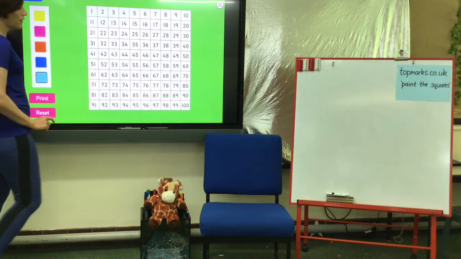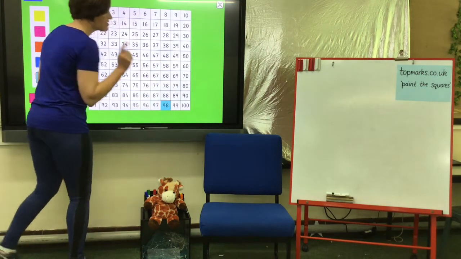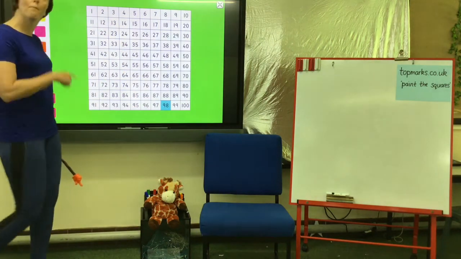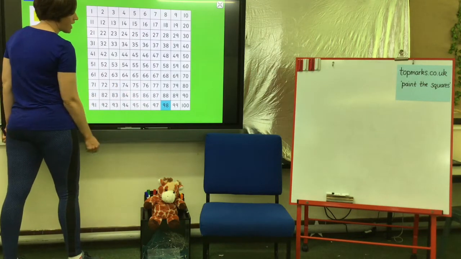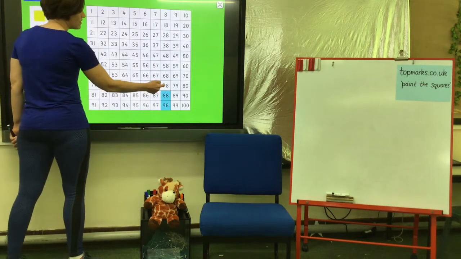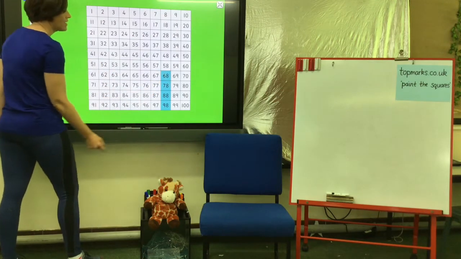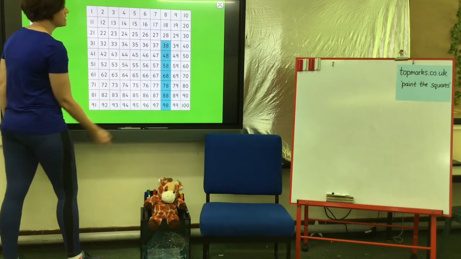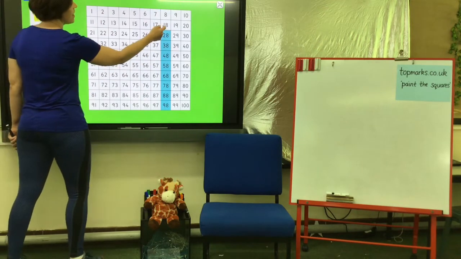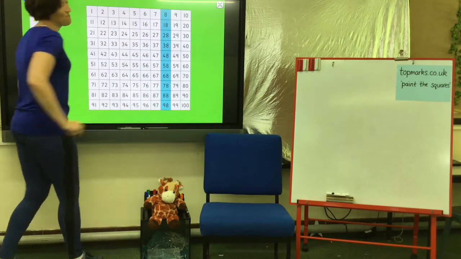What do you think? Okay, 98. So we're going to start at 98 this time, but we're going to count backwards in steps of 10. Are you ready? 98, 88, 78, 68, 58, 48, 38, 28, 18, 8.